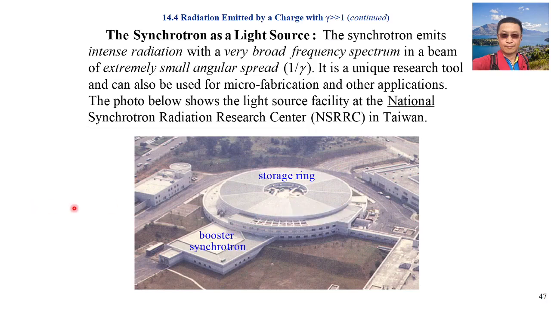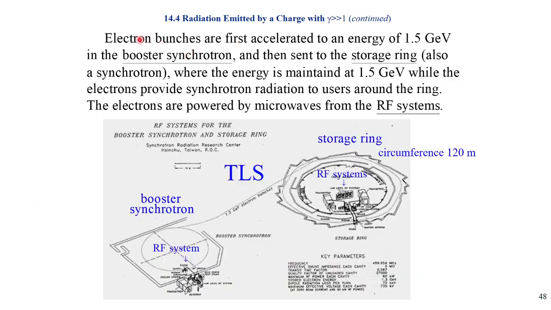Okay, next page. Electron bunches are first accelerated to an energy of 1.5 GeV in a booster synchrotron and then sent to the storage ring. That's the booster synchrotron RF system to accelerate the particles, where the energy is maintained at 1.5 GeV while the electron provides synchrotron radiation to users around the ring.